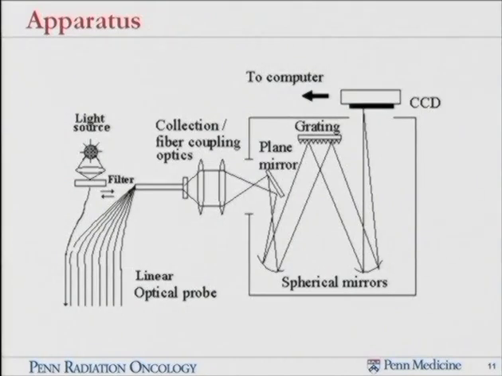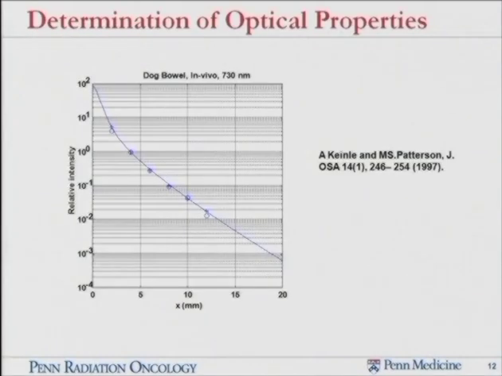A contact probe, which you have probably seen again and again, is basically a probe you can make with a single white light source and multiple detectors, coupled into a monochromator and CCD camera, and that can be used to resolve such optical properties.